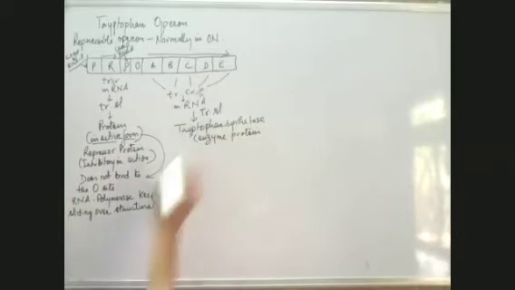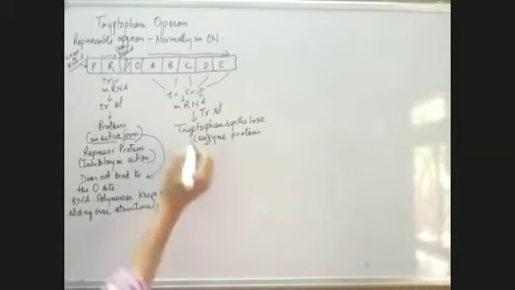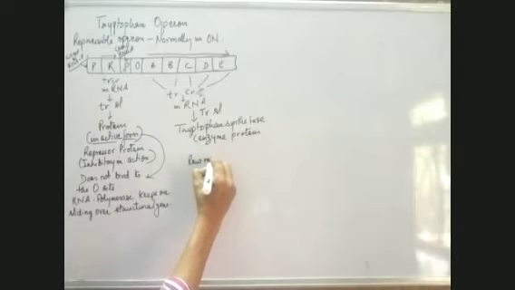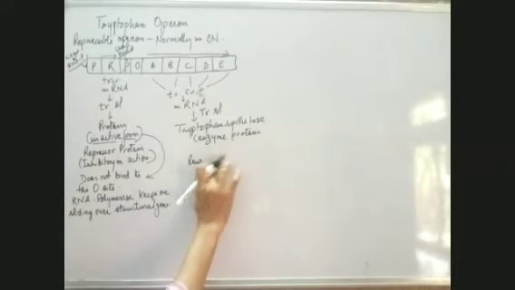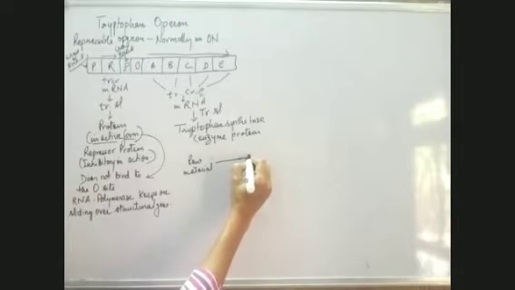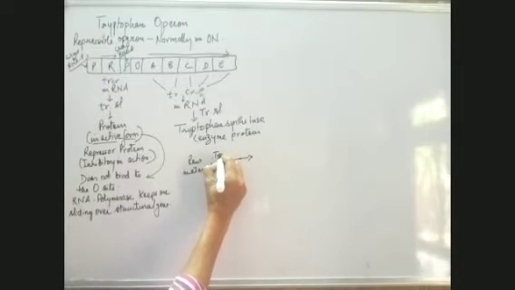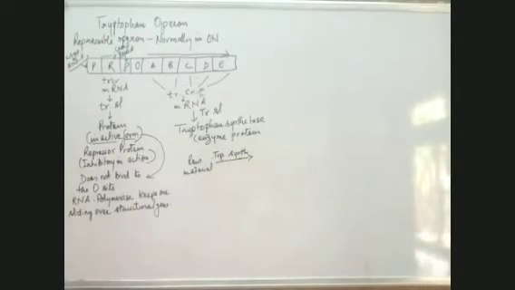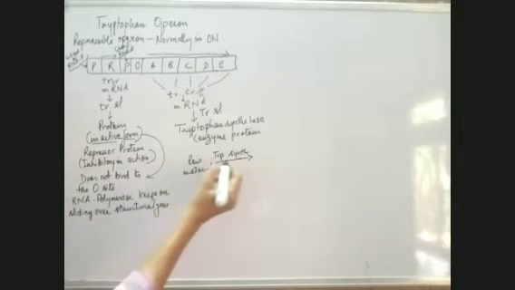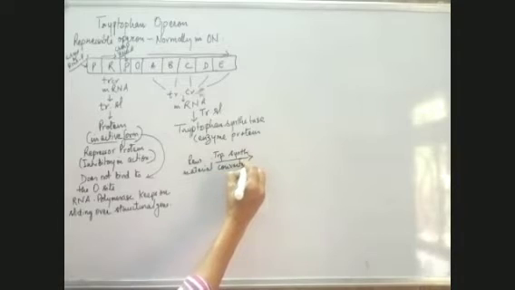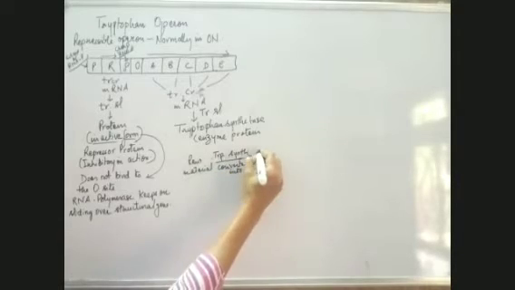This enzyme protein converts the raw material. I am writing in short: this raw material, in the presence of tryptophan synthetase, gets converted into tryptophan.